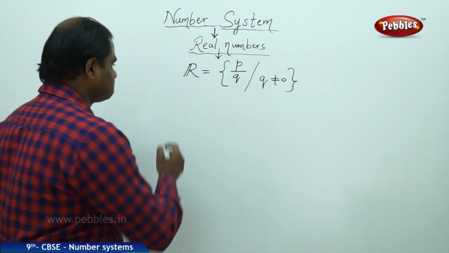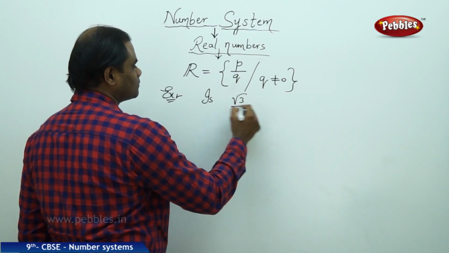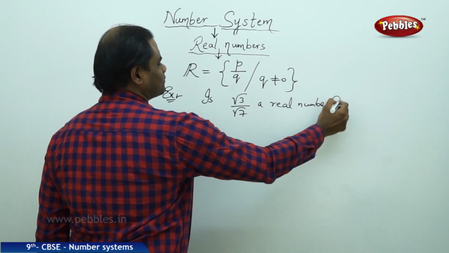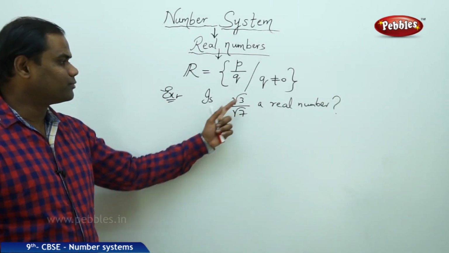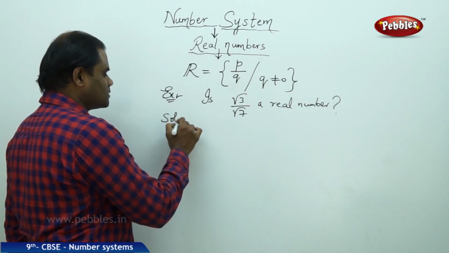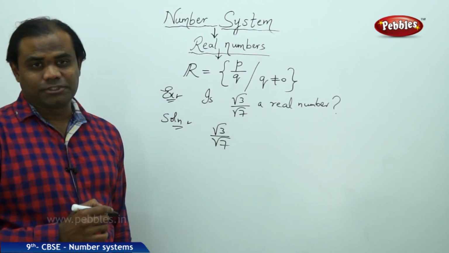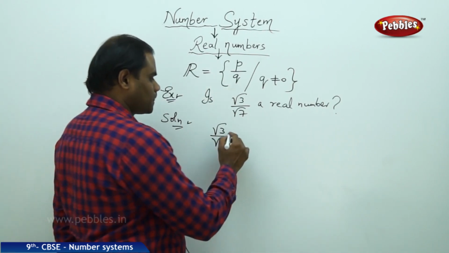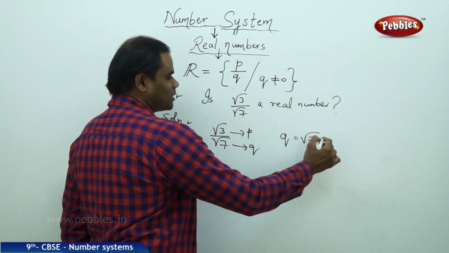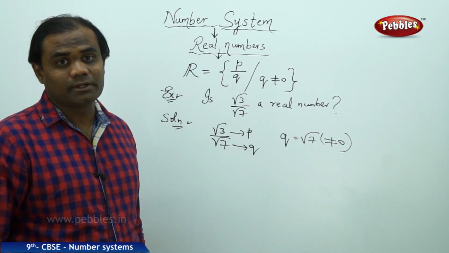For example, I have a question which says, is root 3 over root 7 a real number? So let's see if this is a real number. Root 3 over root 7 can be written in the form P by Q, which clearly states that Q equal to root 7 can never be equal to 0, because root 7 is a non-zero irrational number.